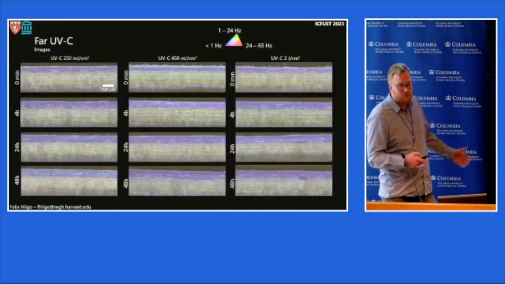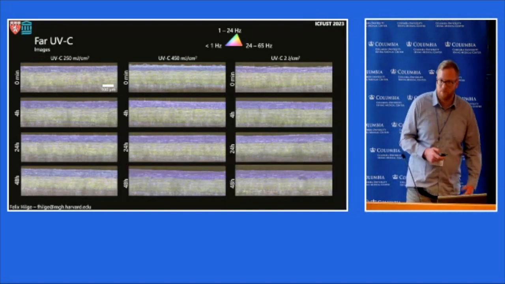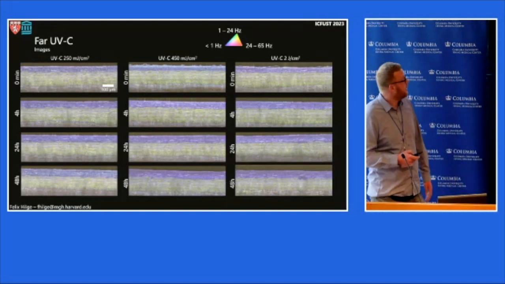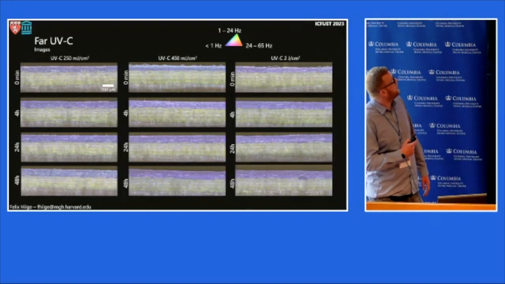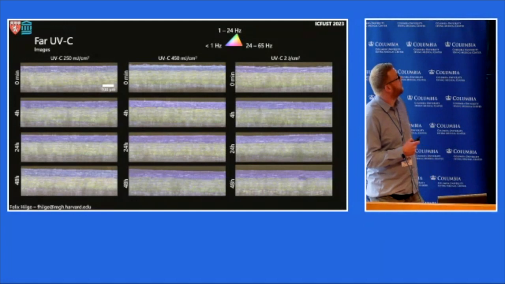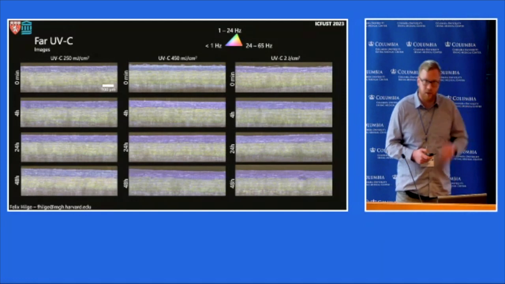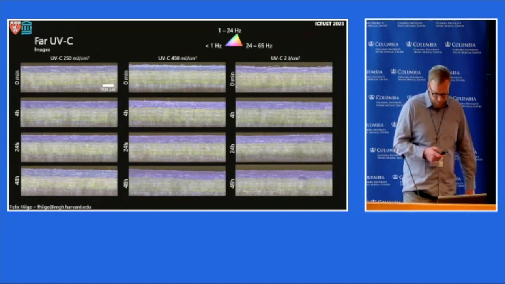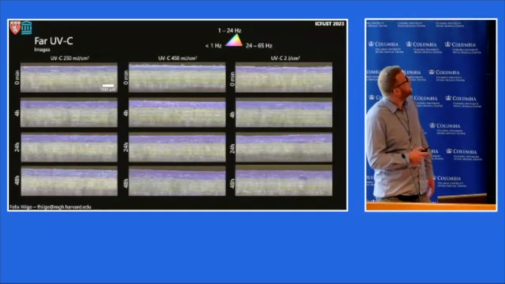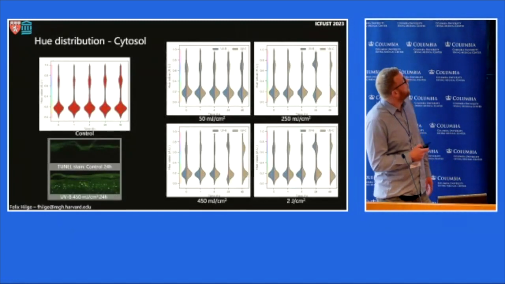UVC doesn't show any damage or changes. The only thing which happens again is that the stratum corneum becomes thicker after 48 hours, or maybe even after 24, it's visible, which is again a good sign, because that means that the keratinocytes are healthy. Further analysis: the hue value distribution in the cytosol didn't change at all in the control.